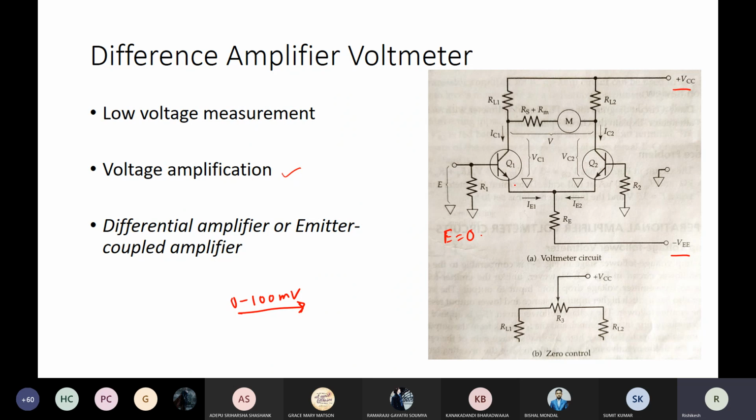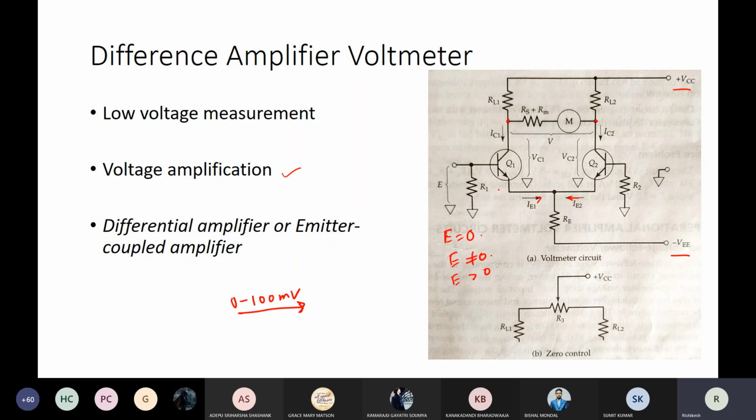So the current IE1 is equal to IE2, and since I1 is equal to I2, IC1 will be equal to IC2. So the potentials at the two collectors are equal, and the meter will indicate 0 deflection. But when E is non-zero, let's say E is positive, then Q1 will conduct.